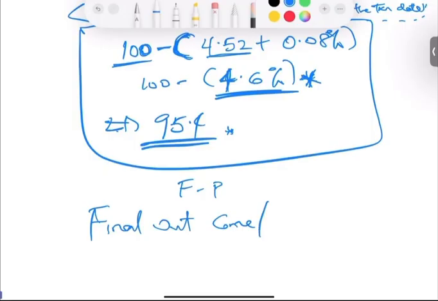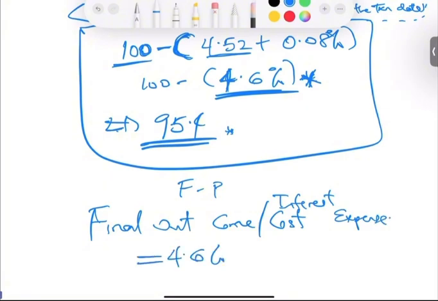So your lock-in rate is 4.6%, which means that if you want the final outcome, which is your total cost, because the loan is always going to be interest expense, it is at that 4.6%. And if you want the value itself, remember the percentage is always an annual rate. The loan is for 3 months, so you have to divide by 12 and multiply by 3 to apportion that interest rate, then multiply by the loan principal.